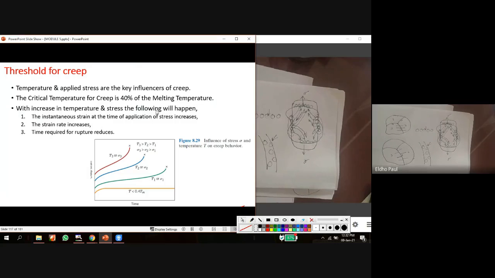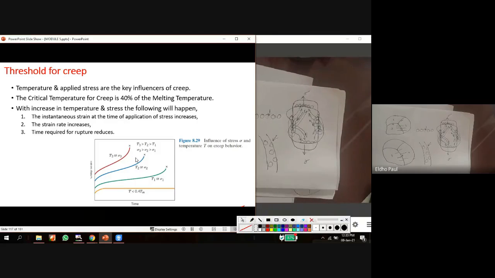And this is the threshold for creep. We know that at least 40% or 50% of the melting point temperature is required for creep deformation. That is the critical temperature for creep deformation. Other than this, the applied stress is also an important factor.